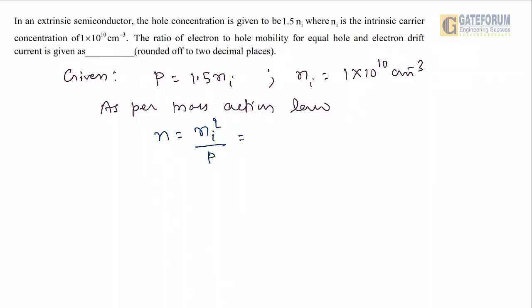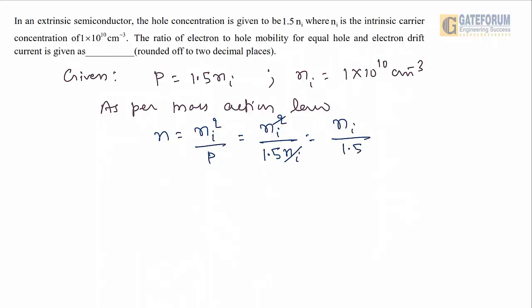So this can be written as ni squared divided by 1.5 ni. So one ni will be cancelled out, and this gives ni divided by 1.5.